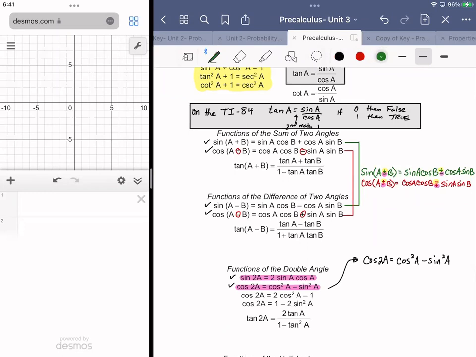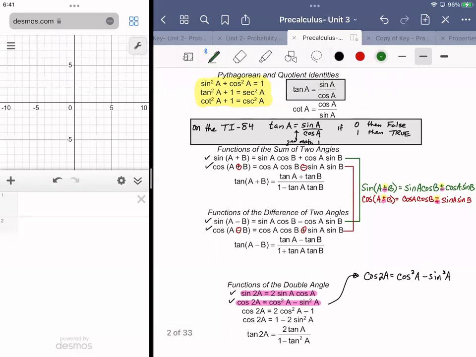I'm going to write it up here. Cosine squared A is equal to 1 minus sine squared A. That comes from the first Pythagorean identity.